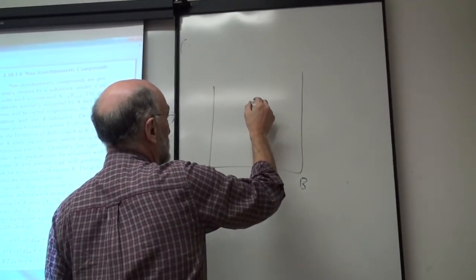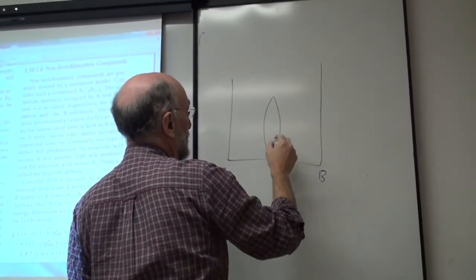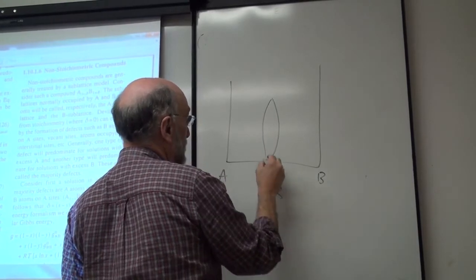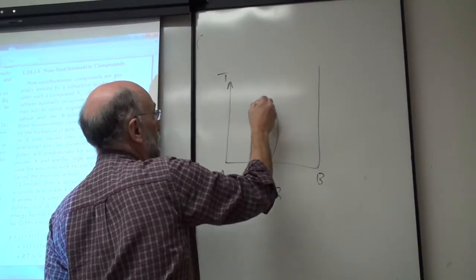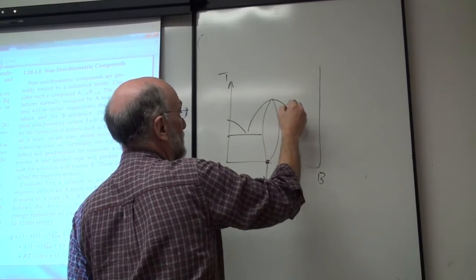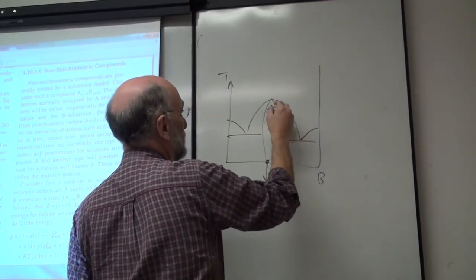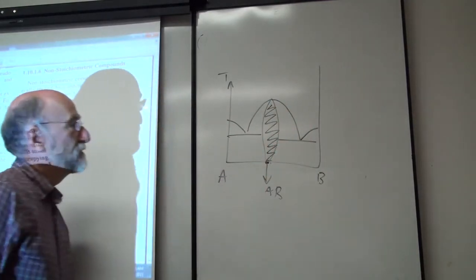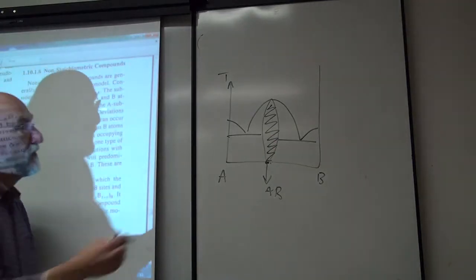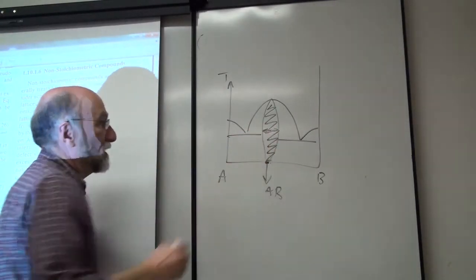Let's say we have a compound AB. This is your compound AB in your phase diagram. So this is a region in which your compound AB is stable, and it has non-stoichiometry.